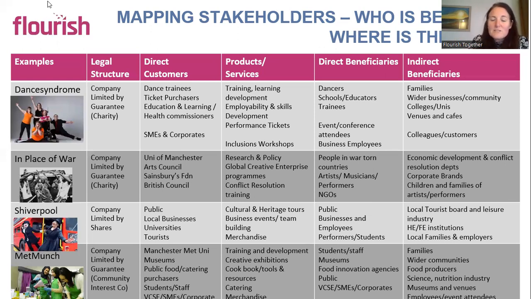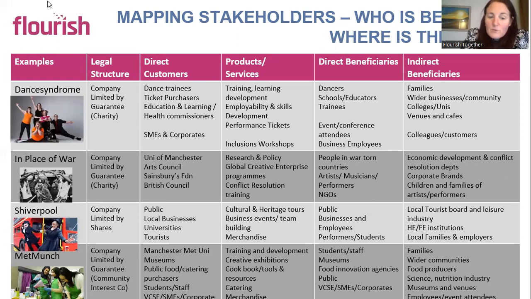And obviously local families and employers who are going on tours are benefiting. And Net Munch, obviously Manchester Met Uni are benefiting from the kudos and direct impact within the university. I know they're doing work with museums amongst other organisations, so they're a direct customer, Museum of Science and Industry in Manchester being one.